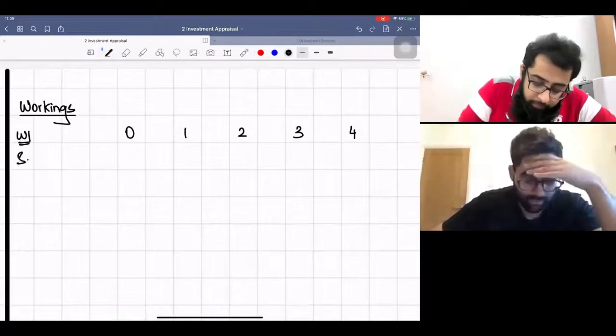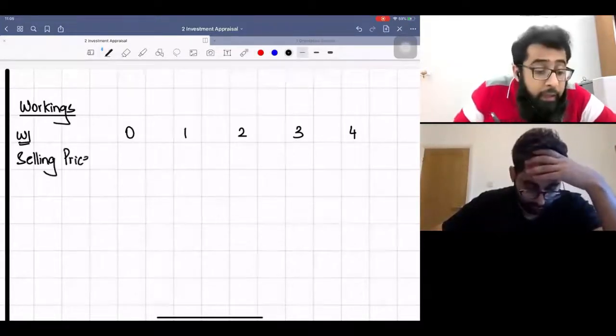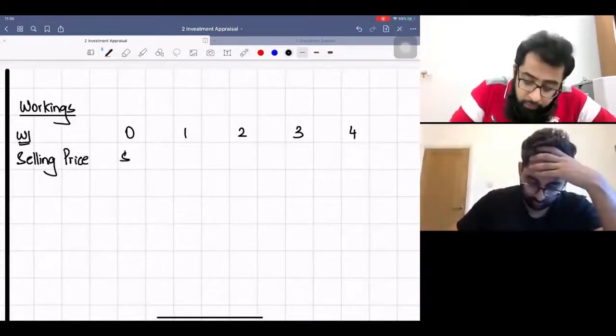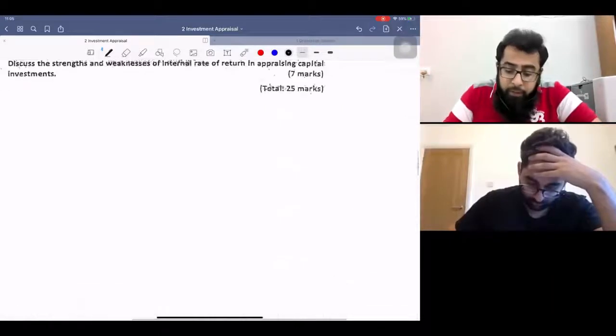So the selling price is $12 in year 0, and then it will get inflated by 3% per year.